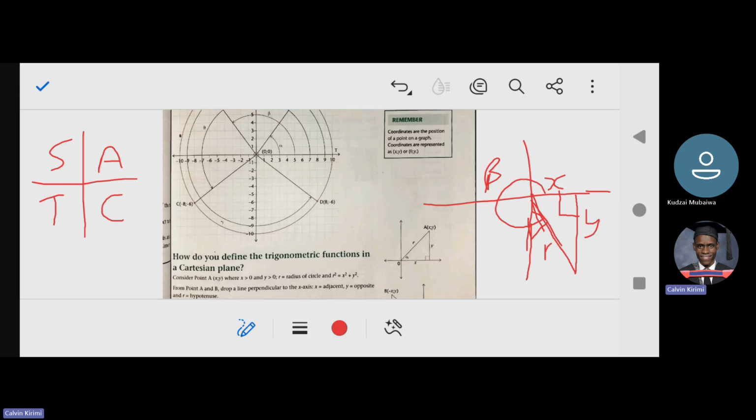What is sine beta in that quadrant? I'm still writing it down. Calculate sine beta, tan beta, and cos beta. All of them.